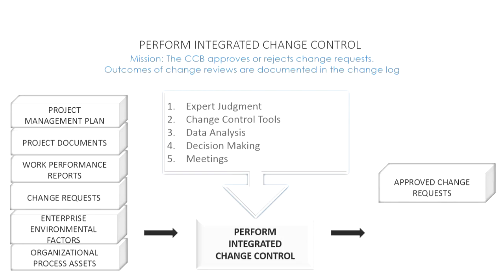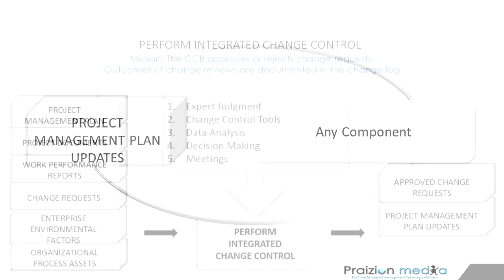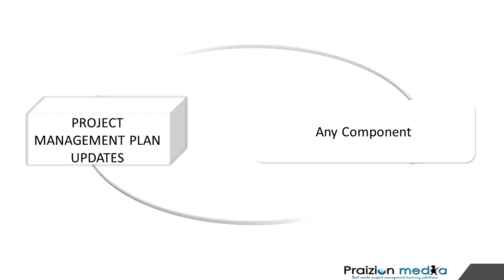Let's take a look at the outputs here. First one, approved change requests. As you are reviewing change requests, you're either approving them or rejecting them. Those that are approved are called approved change requests. We have the next output, project management plan updates, and this refers to any component of the project management plan that needs to be updated.